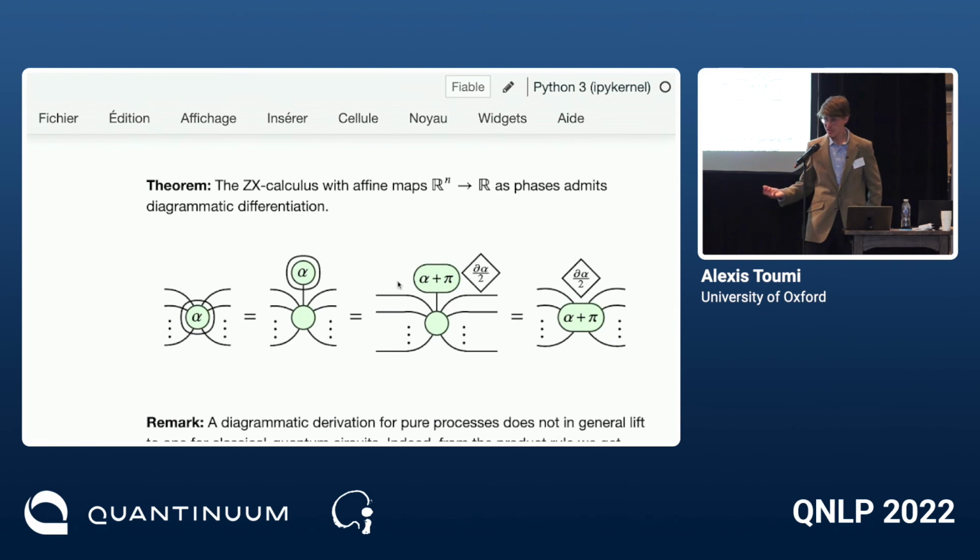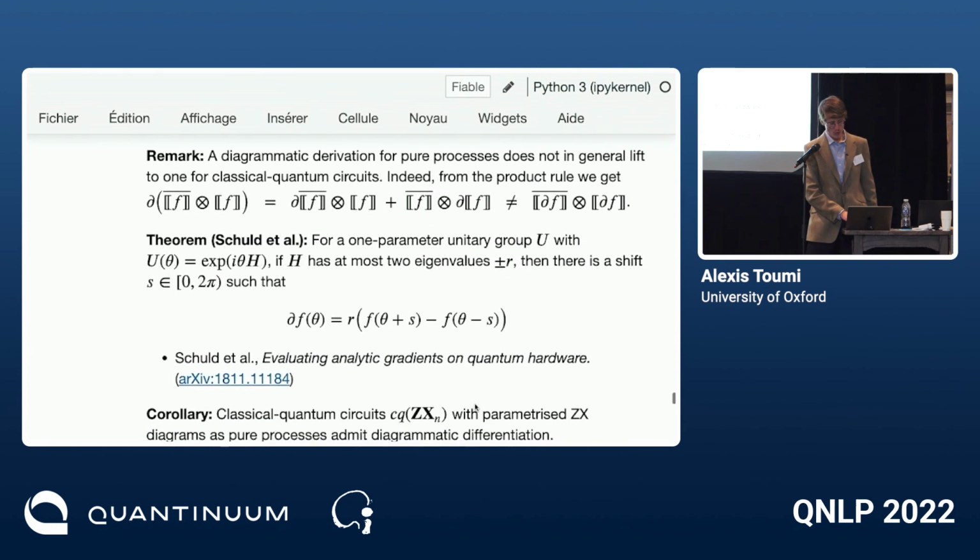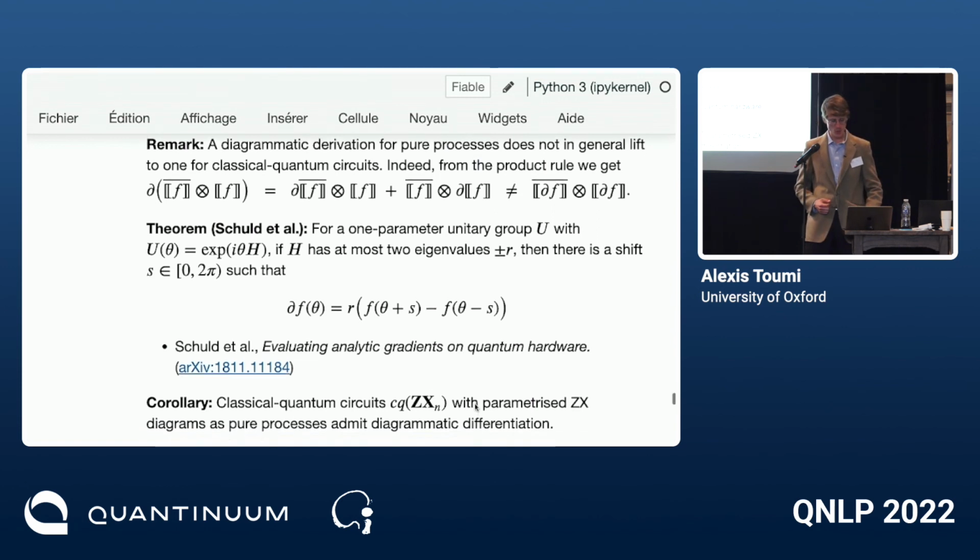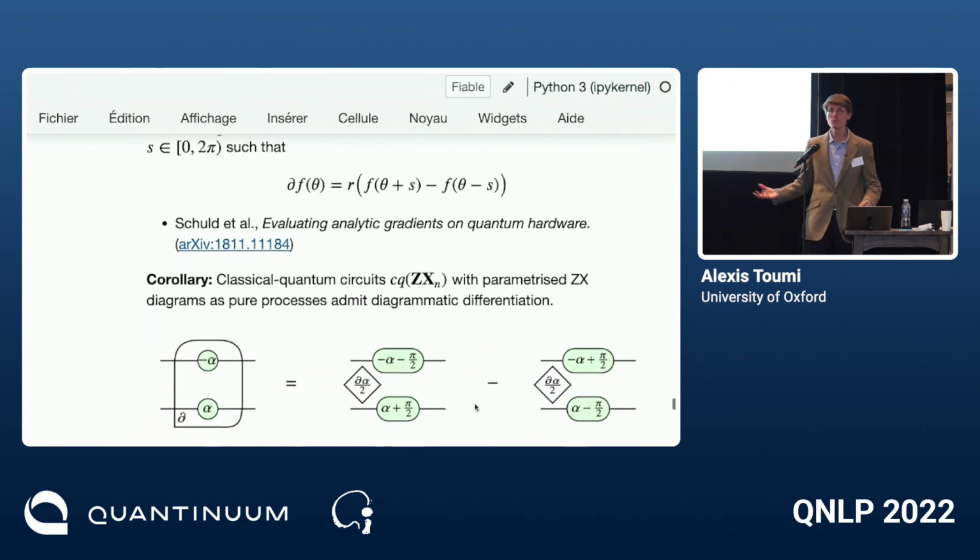And you can differentiate ZX diagrams, so here's the differentiation for a spider. And you can also differentiate circuits that are evaluated as quantum processes by using the parameter shift rule that comes from Schuld et al. Essentially, use the quantum computer to compute its own gradient by shifting some parameters.